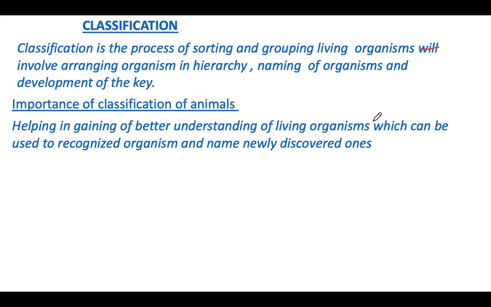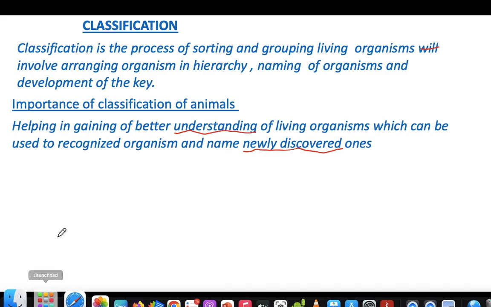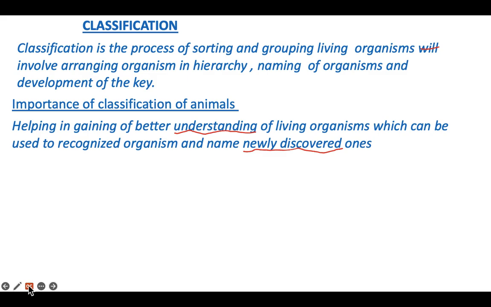The reason why we classify animals is because we want to name the organisms. So classification is useful when it comes to understanding, and also if you want to discover a new organism.